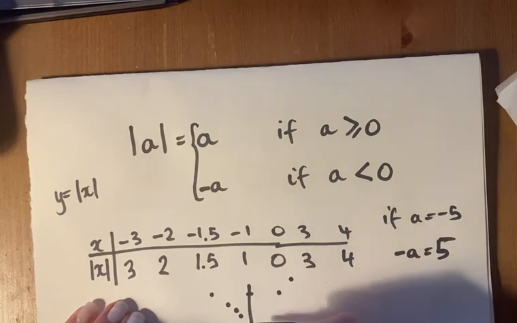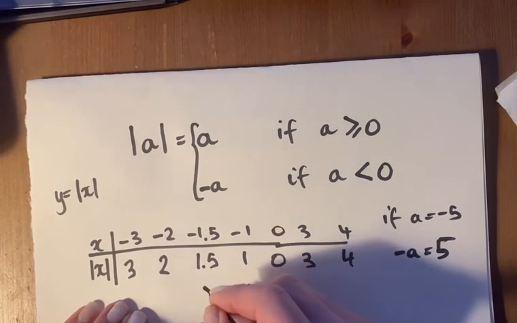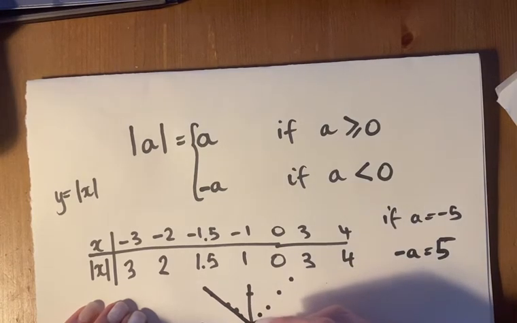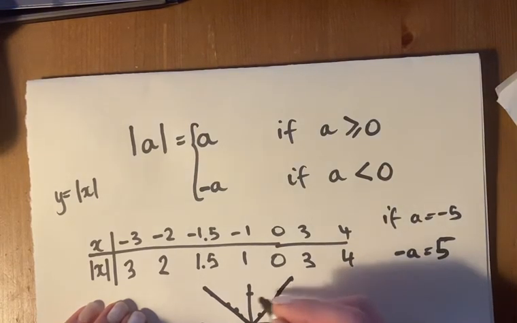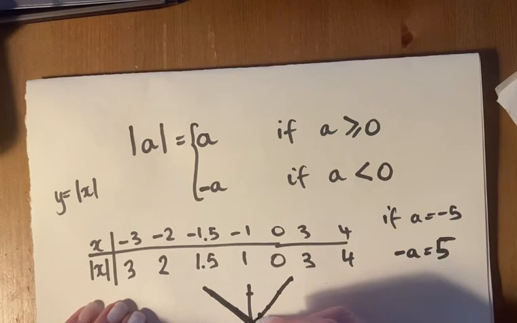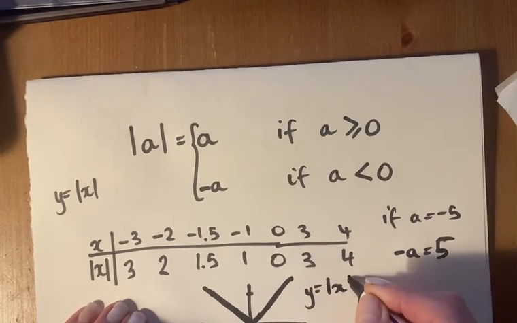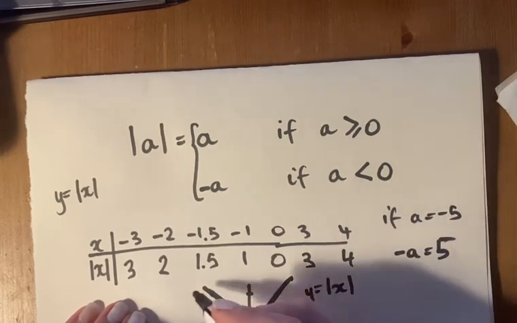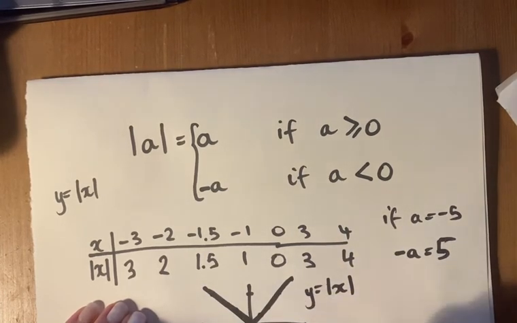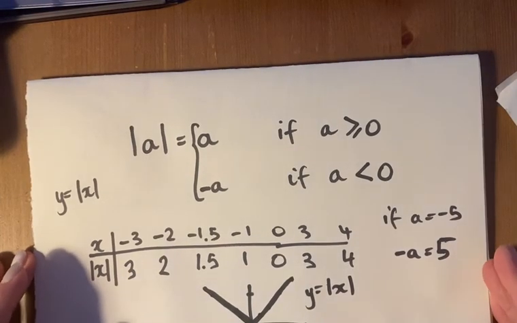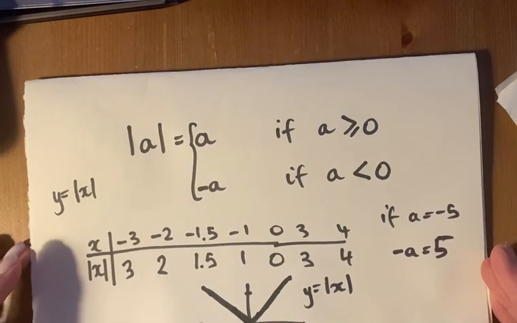In fact, if I had x equal to 1, that would go there, and you'll have that shape. So that is the graph of y equals modulus of x. It will always be a V shape if it's a straight line and above the x-axis. Hopefully now you'll be ready to go on to video 2, part 2.